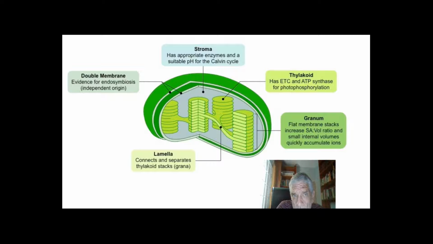And the stroma has appropriate enzymes and suitable pH for the Calvin cycle. The Calvin cycle is the light-independent stage of photosynthesis. This is where sugars are made, basically. And the granum contains a stack of flattened sacs.